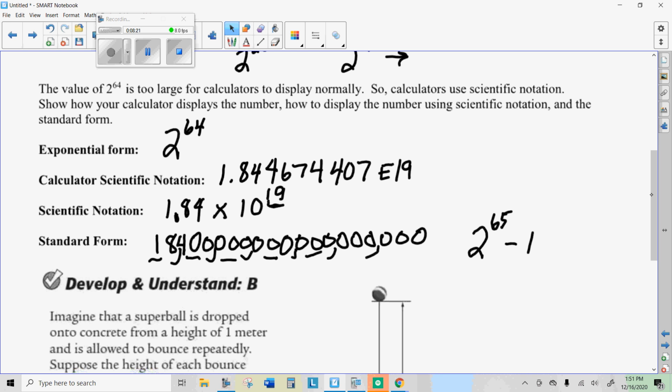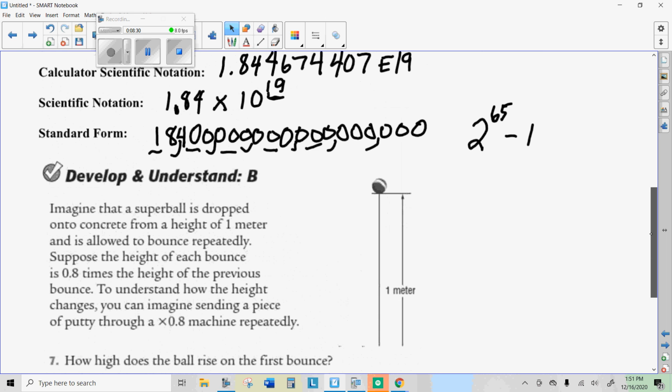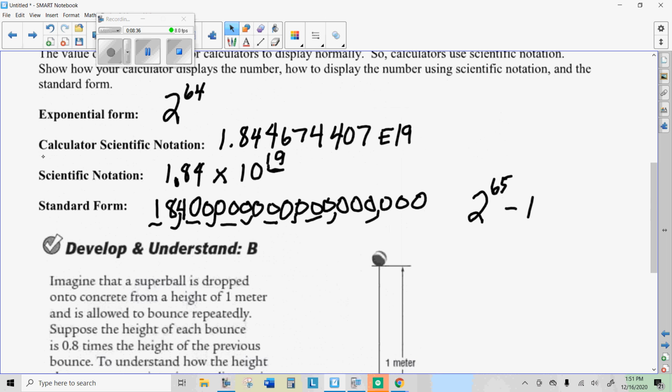Basically, you're kind of doubling what you had on the second to last square to get to the last square. All right. So you can see that numbers get really big when we're dealing with exponents, and make sure you understand how your calculator is showing scientific notation because you're going to see that a lot.